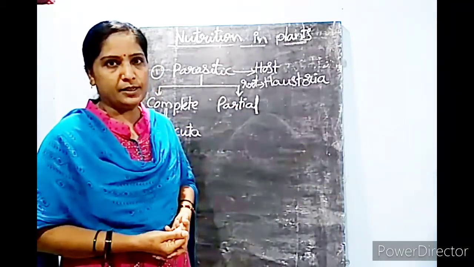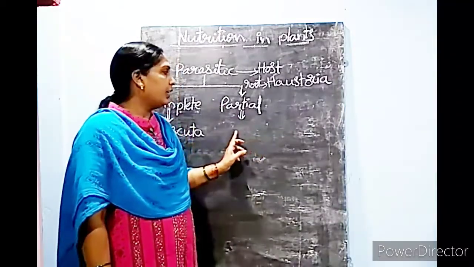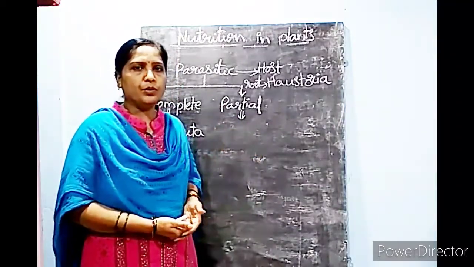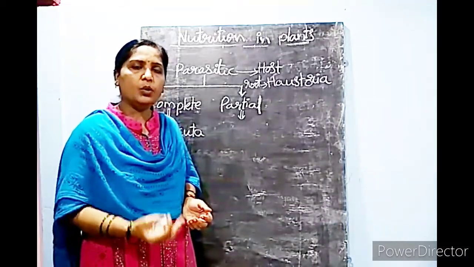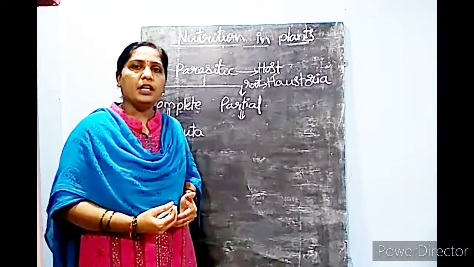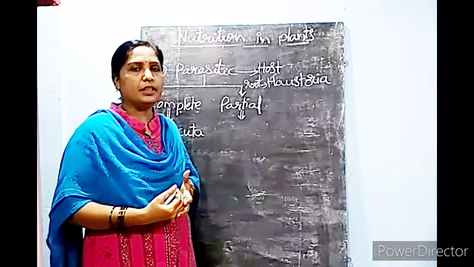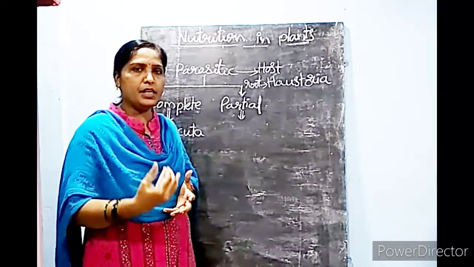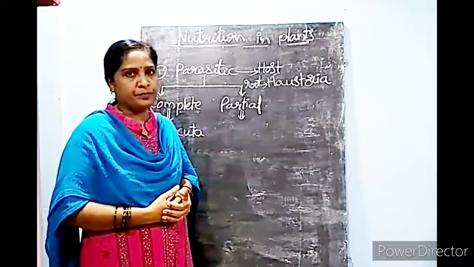You can see, children. And a partial parasite means it can prepare its own food, but it depends on the host plant only for water and minerals. Sometimes you can see some other plants growing on the neem tree or mango tree. You can observe some other plants growing on them.